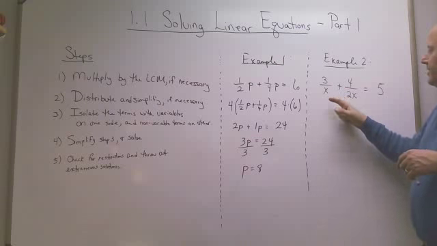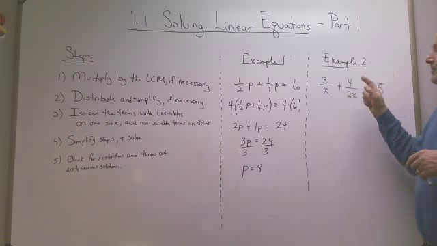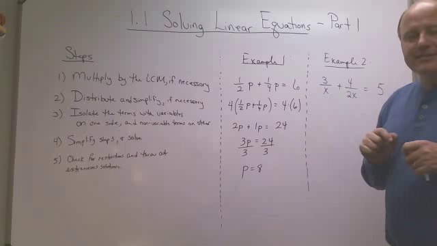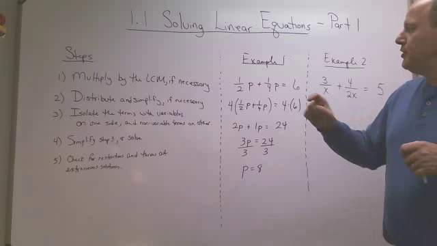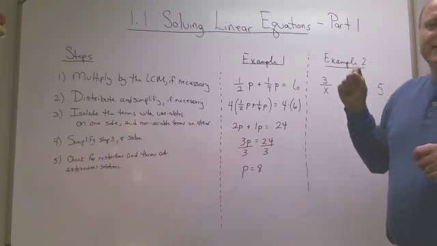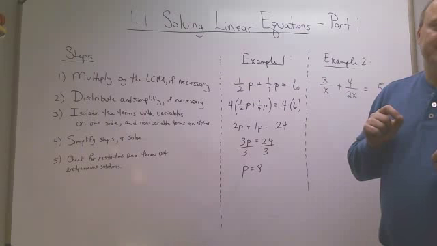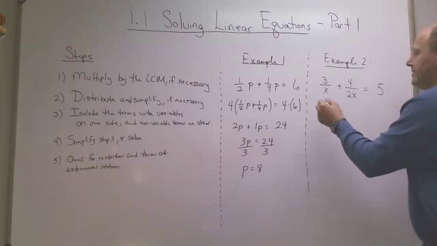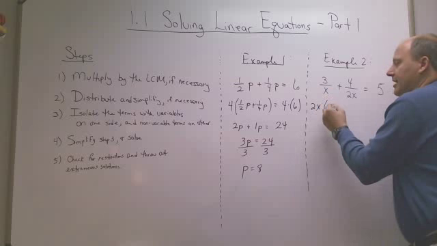Example 2, same idea. The least common multiple here is 2x, because this one's got 1x and this one's got 2x. And if you don't pick the right least common multiple, you'll know, because when you start distributing, the fractions are still going to be there. They don't cancel. So if you don't pick the right one, you'll know at the very beginning. So 2x is the least common multiple.